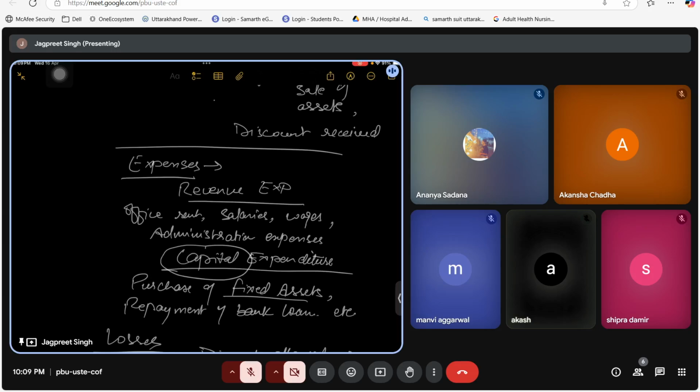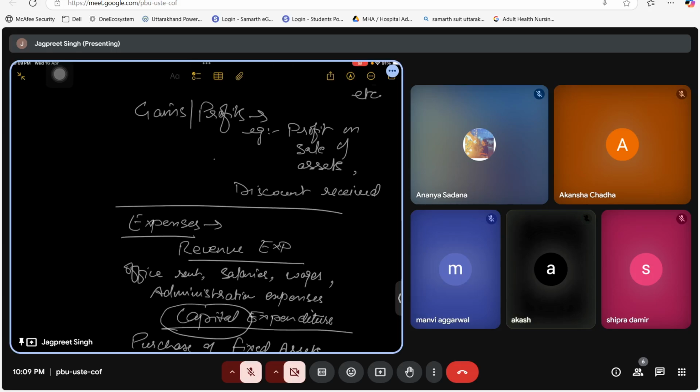And in the liability side, non-current liabilities mainly consist of bank loans, long-term for more than 1 year, and debentures. I discussed few points about debentures yesterday.